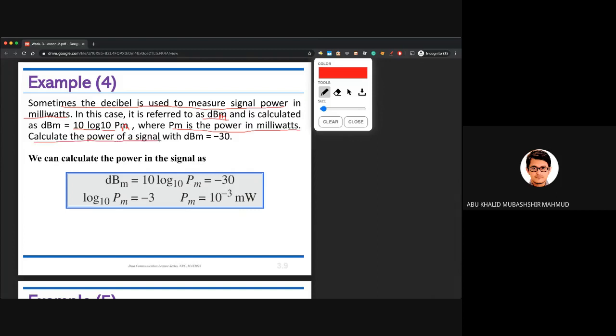So in this example, we calculate the power of signal in milliwatts with a value of minus 30 dBm.